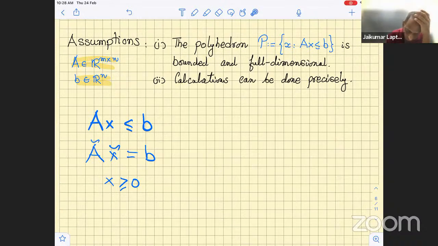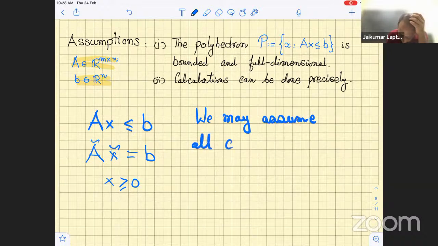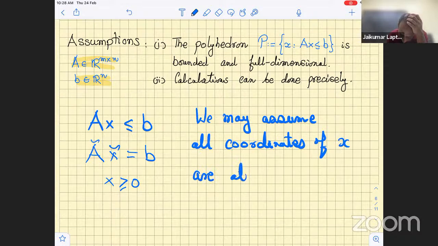So let me just write it down. So we may assume all coordinates are bounded. You remember we had defined a value nu.